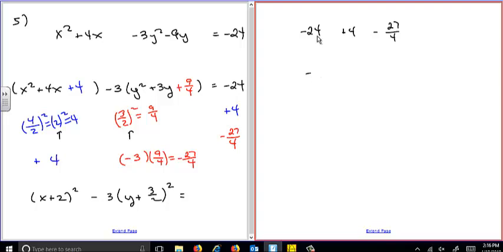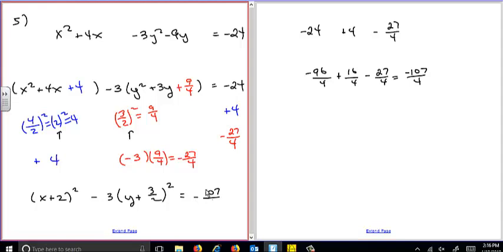So you multiply this by 4 and you will get negative 96/4 plus 16/4 minus 27/4. I'm going to use my calculator here to do the numerator. Negative 96 plus 16 minus 27 is negative 107/4.